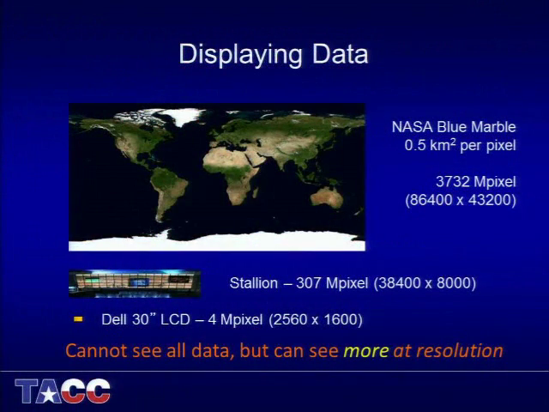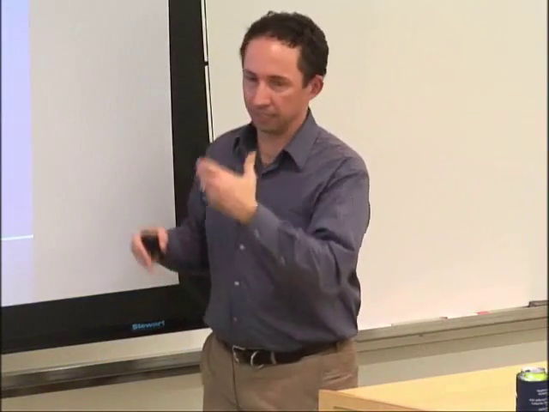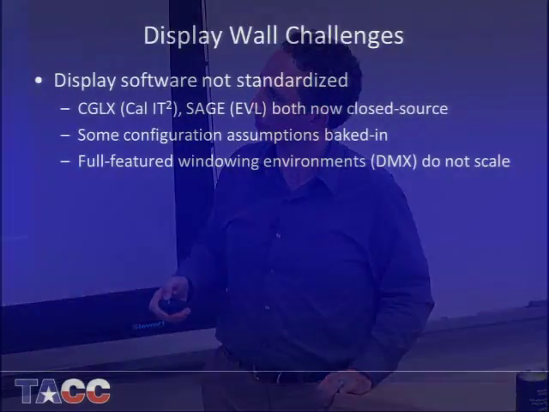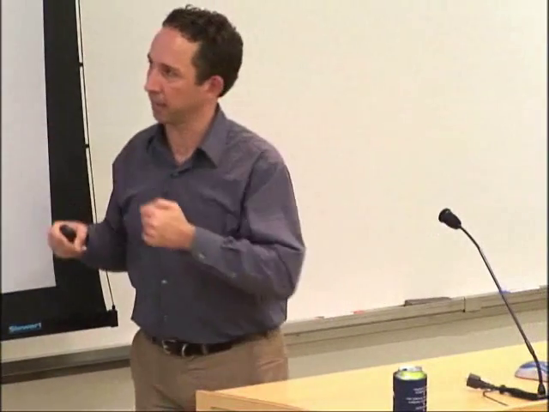And so the point being, you can't see all the data, but you can see more of the data at resolution so that you can see not only the details, but get the context. You can almost see the Great Wall on that. It's pretty cool.